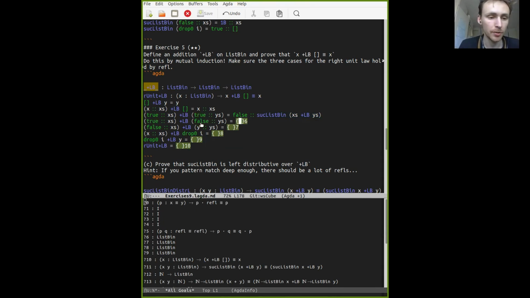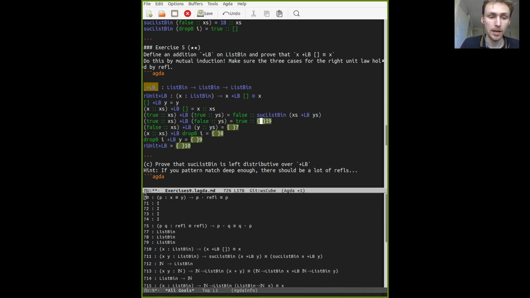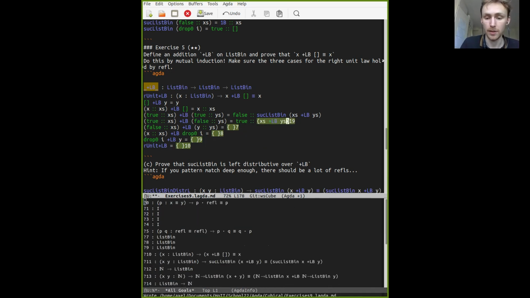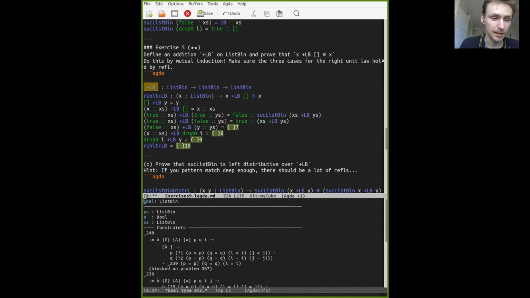Okay, so what should true xs plus false ys be? Well, true plus false, that's true. And in the other position here, it should just be xs plus ys, right? And as Lennart pointed out to me here, we only get 1 case here.